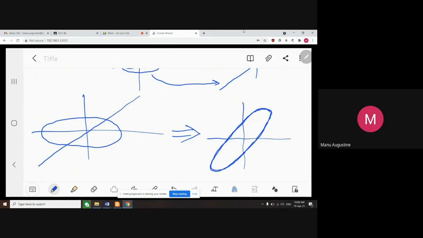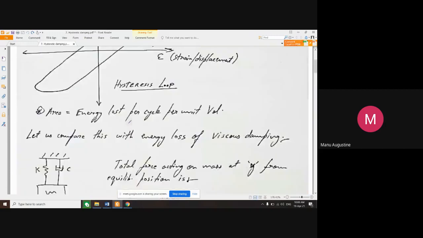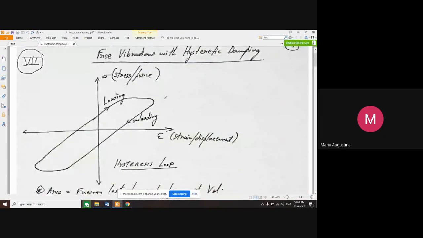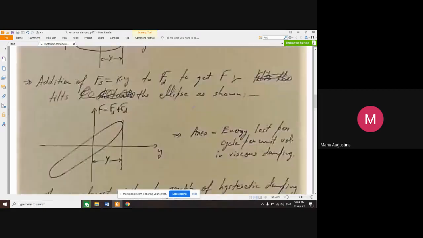And to our pleasant surprise, this very much resembles the hysteresis loop in the case of structural damping. This is what we were actually looking for, to find some sort of similarity between viscous damping and hysteretic damping. So we have basically achieved that.